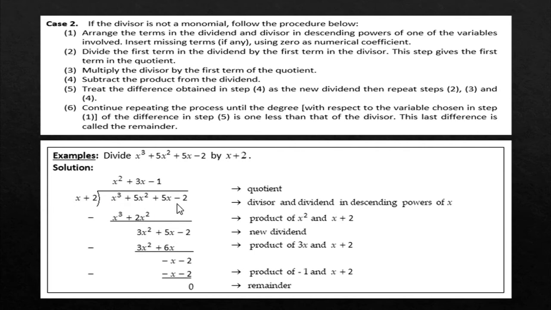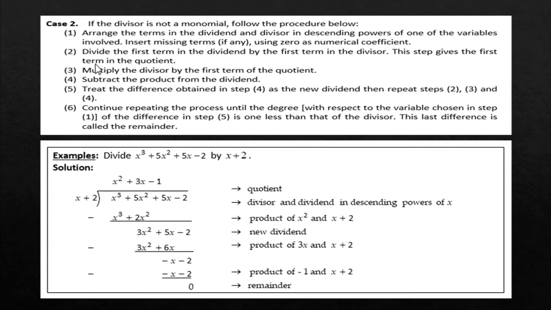Kung wala, i-arrange na to siya. Then, insert missing terms, if any, using 0 as numerical coefficient. Since wala man tayo missing na term, sunod man siya 3, 2, 1, so wala tayo i-insert nga 0. For example, kung missing ni siya, wala tayo 5x squared, tapos 3 ni siya diretso, 1 ang degree, i-insert na to 0 dire.